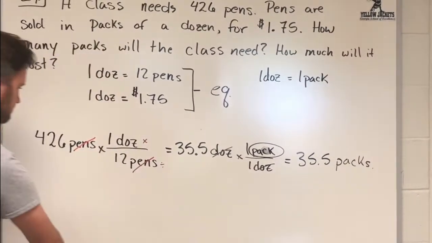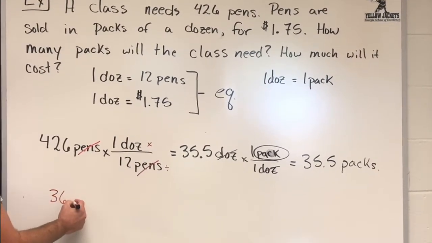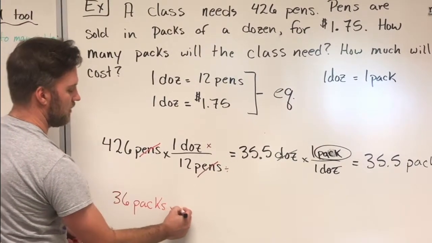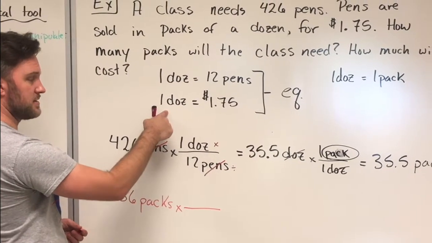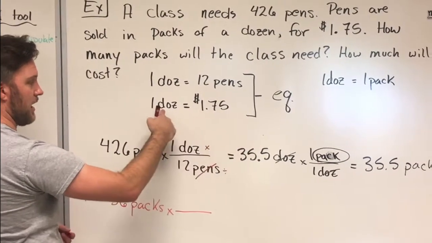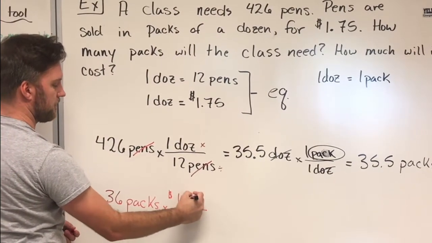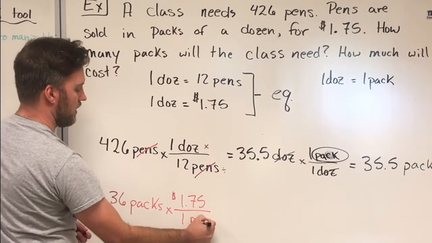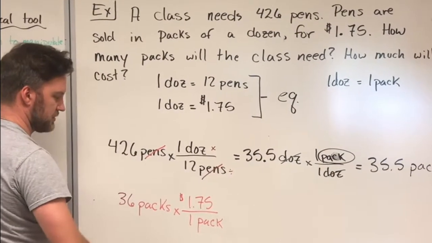So now, I have 36 packs. I know that 1 dozen is the same thing as a pack, and I know that 1 pack costs $1.75. I'm always very careful to put my units where they need to go.